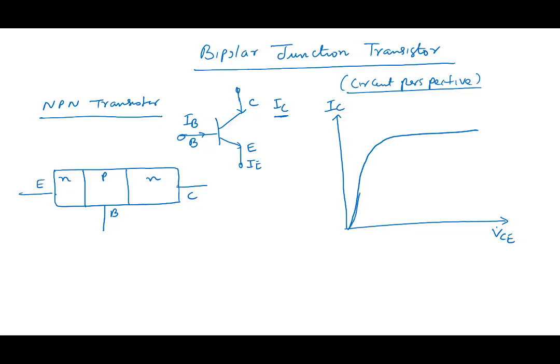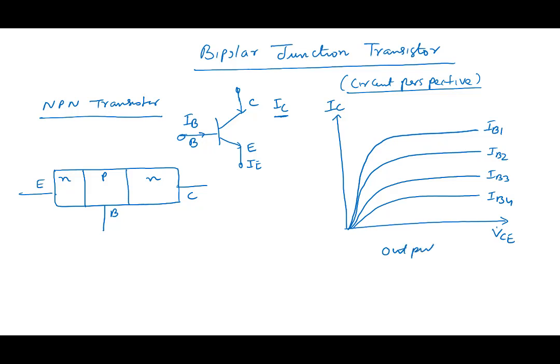And we said we have all these different characteristics, and these are for different values of IB. This could be IB1, IB2, IB3, and IB4. All right, so these are what we call the output characteristics.